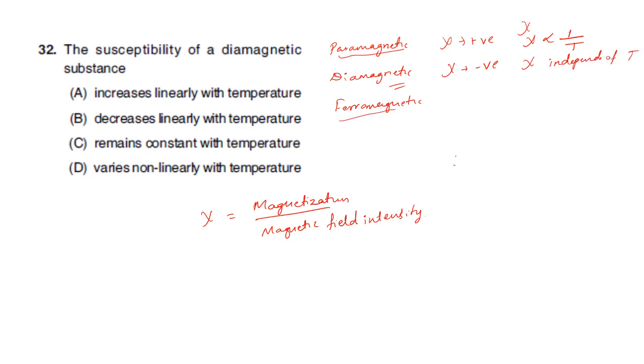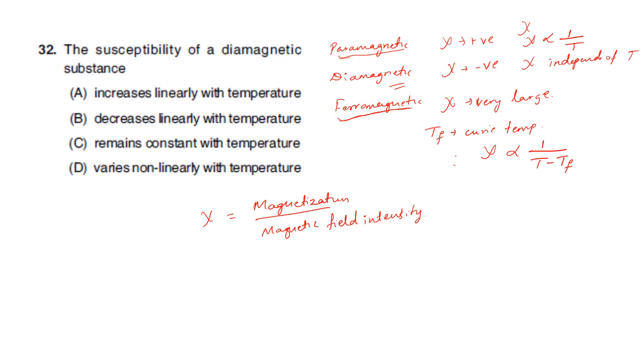And these ferromagnetic materials are a special case of paramagnetic materials where chi is positive but very large. These materials are ferromagnetic only below a certain temperature. The temperature is known as Curie temperature, and here you can say that chi is proportional to 1 divided by T minus Tc, where Tc is Curie temperature.